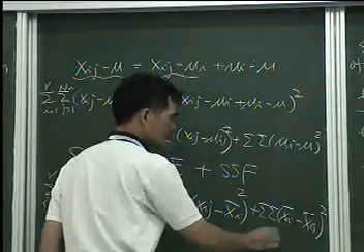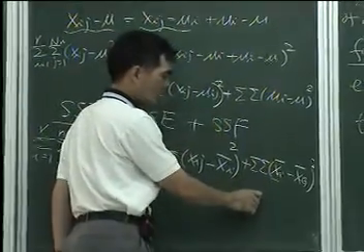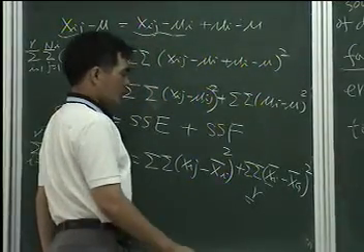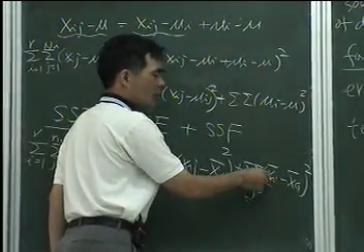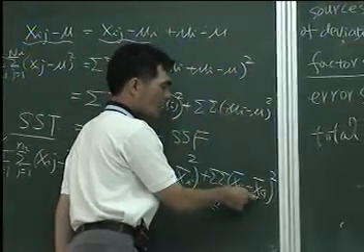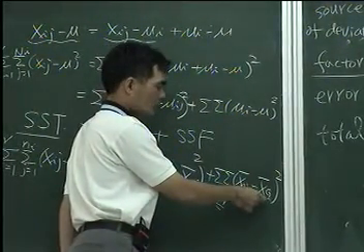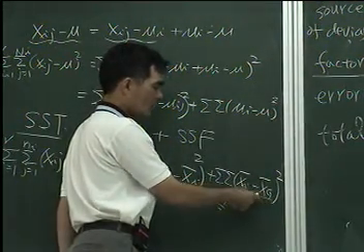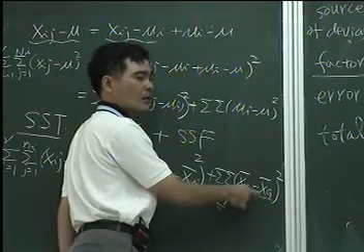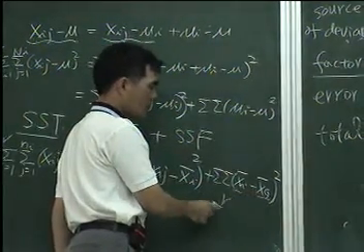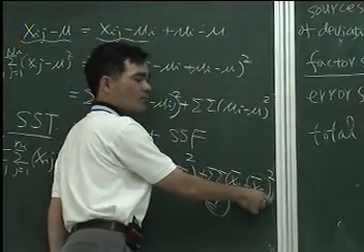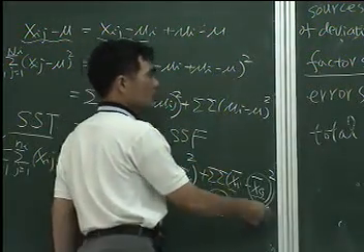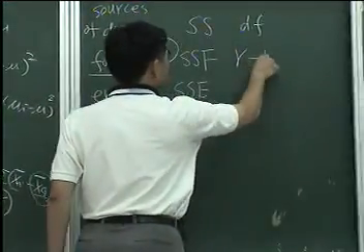There is a total of r machines, but there is one sample mean for the whole sample, and we know this. So you have to subtract one from the degrees of freedom, because there are r machines but one total mean that is known. So the degrees of freedom is r minus 1.